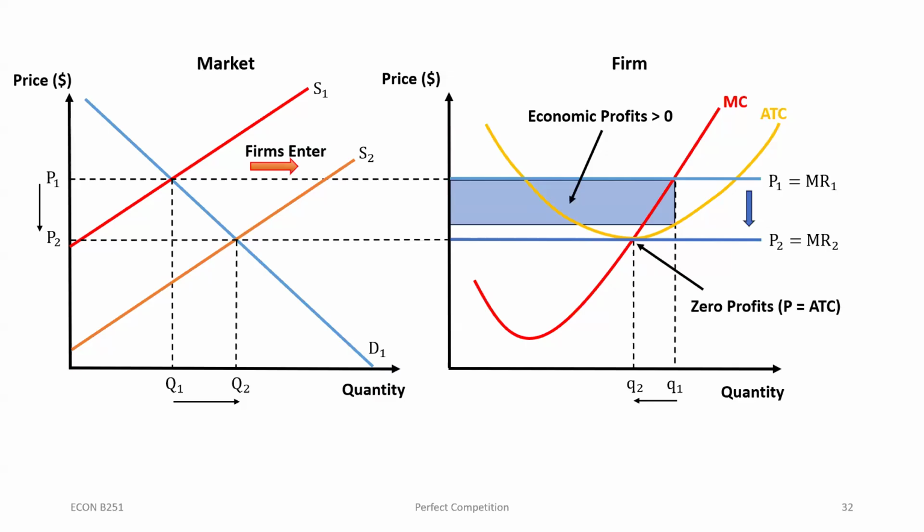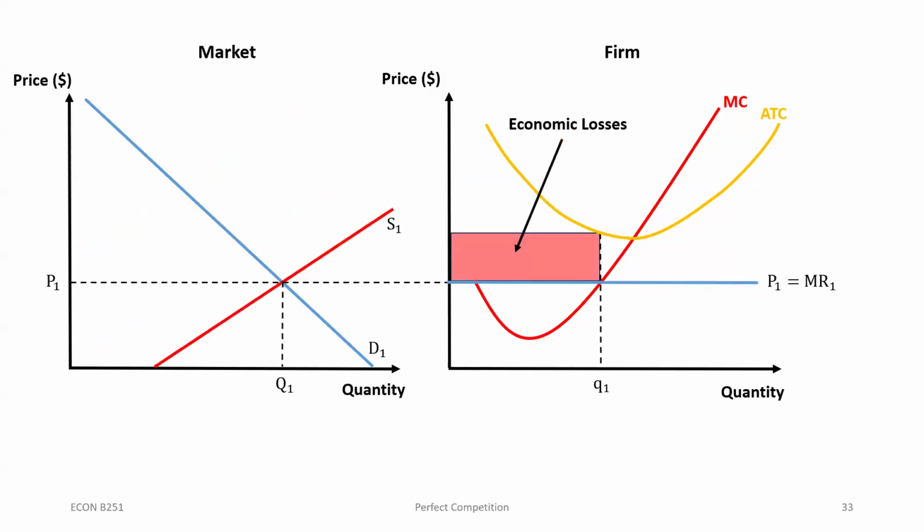Now, if I had the reverse being true, I start out with losses. Well, if I have negative profits, even if in the short run price is above average variable cost and they stay open, over time as we eliminate fixed costs, my average variable cost gets closer and closer to my average total cost.